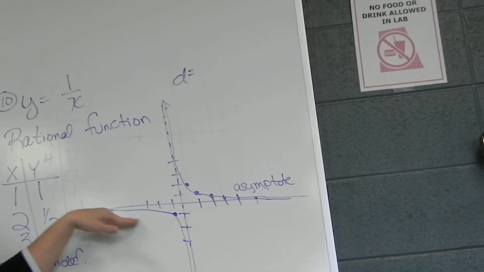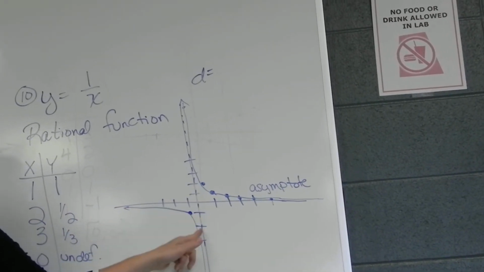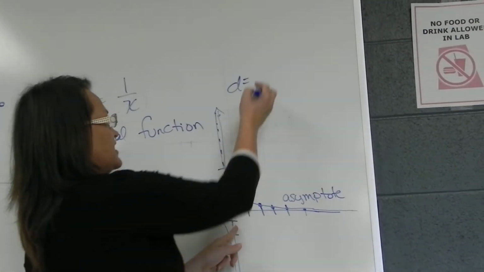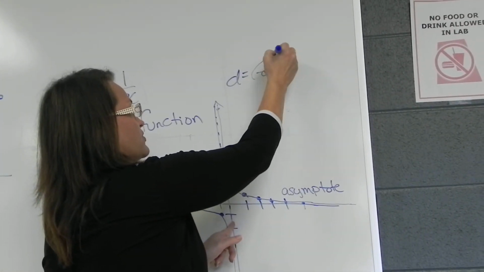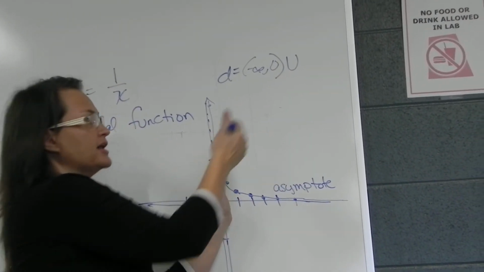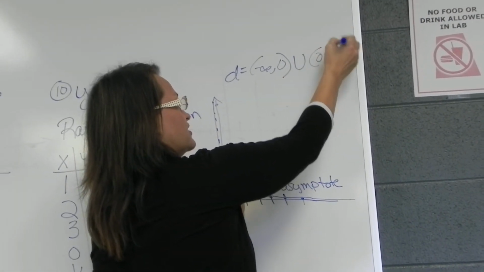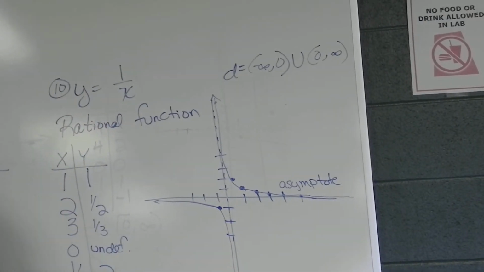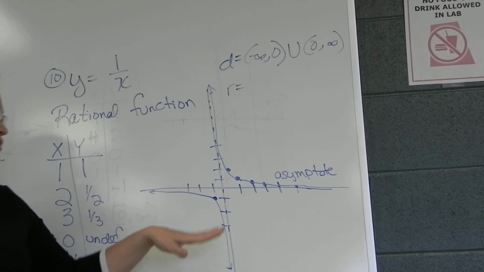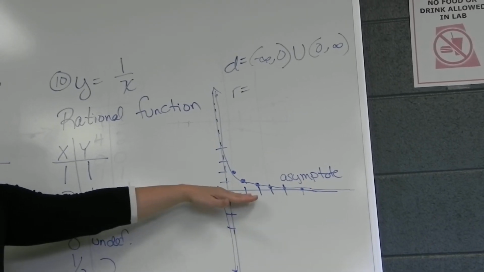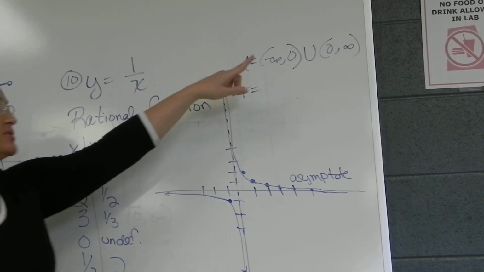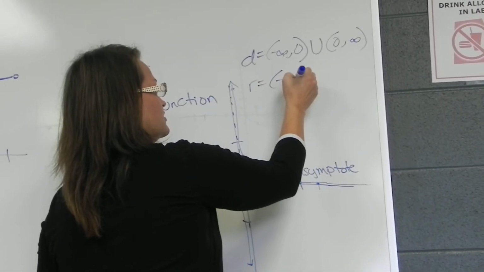You have -infinity up to 0, but at 0 the graph has no actual y value. So we say it's -infinity to 0 with a parenthesis, union, then pick back up on the other side with a parenthesis and go 0 to positive infinity. The range, the same story, from negative infinity up to 0, then it jumps over that and goes from 0 on up. So same answer.